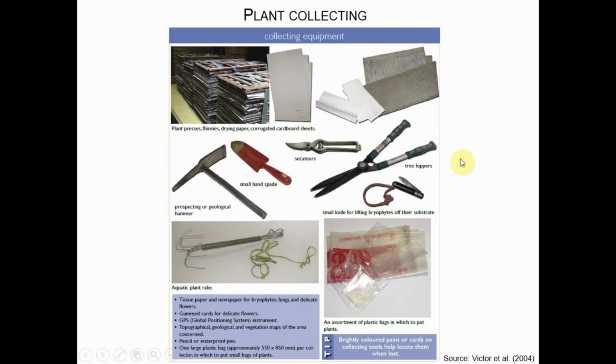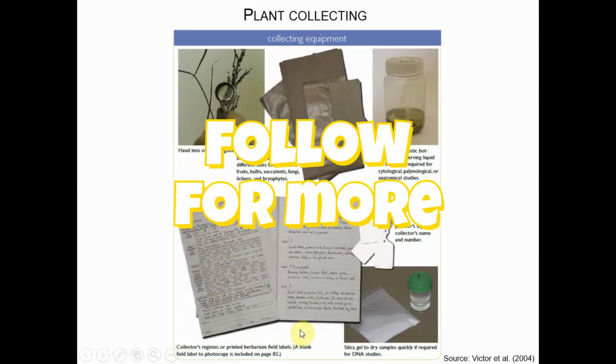When we're out in the field, we take along the press, but also a lot of other equipment in order to collect plant material. Plant material is often collected into bags and later placed in the press. Aquatic plants, we can throw out a rake onto the water surface and rake plants to the side. And then we also record in a collecting book all that information that you saw on the label of the plants.